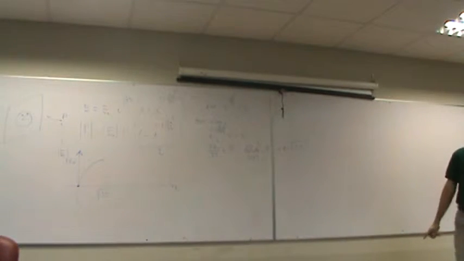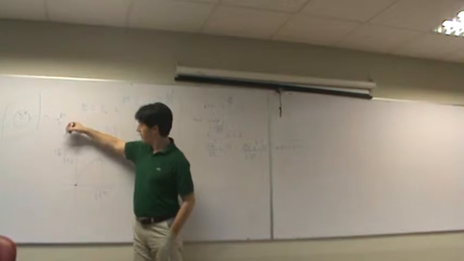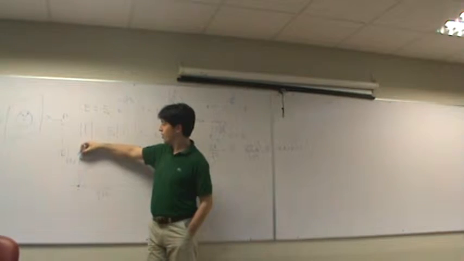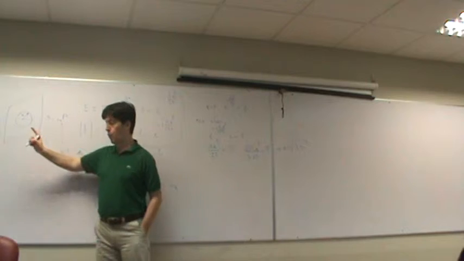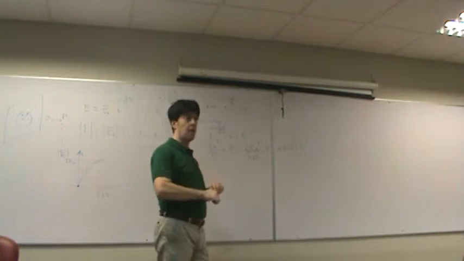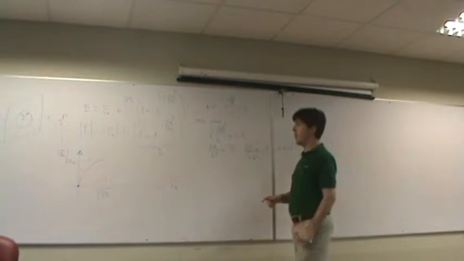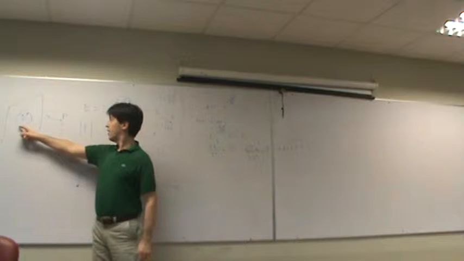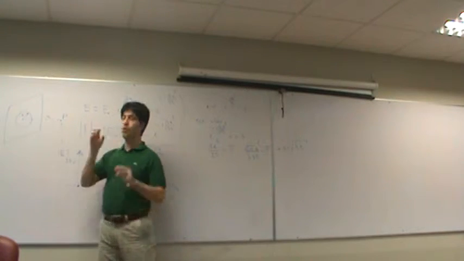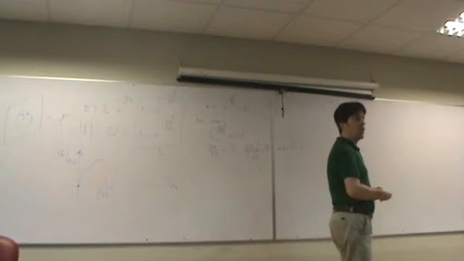So in this point, you have an electric field that is actually stronger than the one you would have without, in free space, without the screen and hole. What's happening is that this aperture is focusing, like a lens, is focusing the electric field in that point.